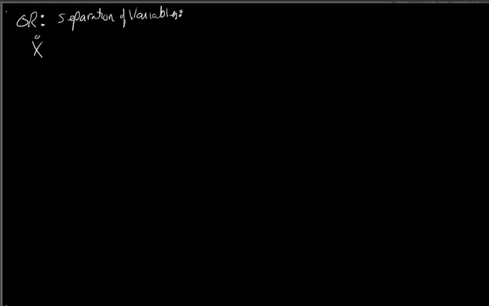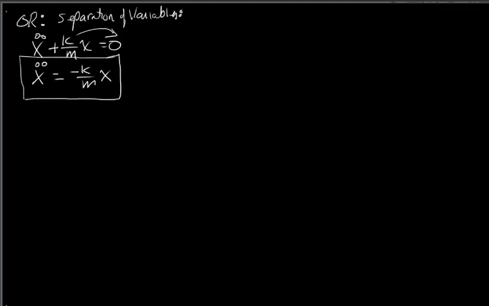Where we have x double dot plus k on m x is equal to 0. We can separate these, which will become x double dot is negative k on m x. And note here that x double dot would be defined as d x dot dt, which we can write using the chain rule by multiplying and dividing by dx.